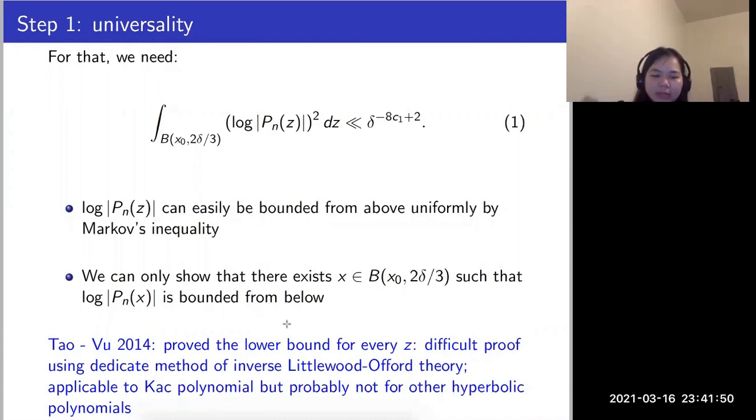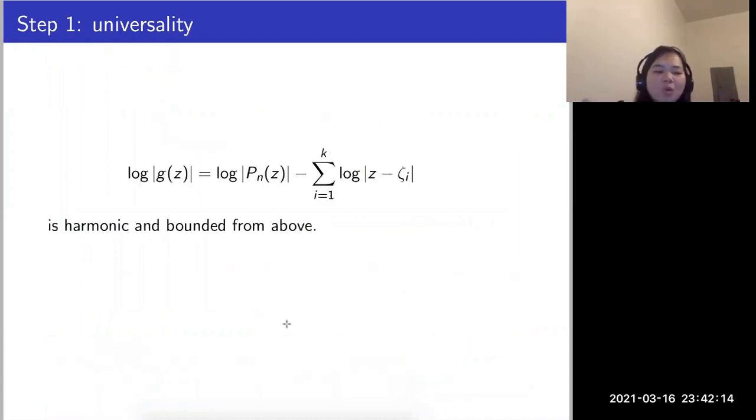It has nice algebraic properties, but we failed to apply their method to hyperbolic polynomials, for example, or when the a_i do not even have a deterministic formula. In that case, it's even harder. We're quite happy that we've come up with a different approach that only uses the tools that we have at hand, without having to use the method by Tao and Wu.